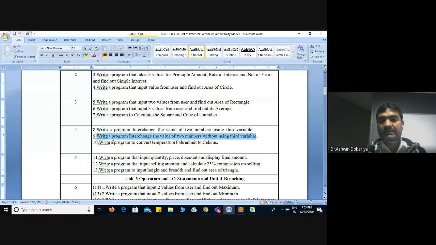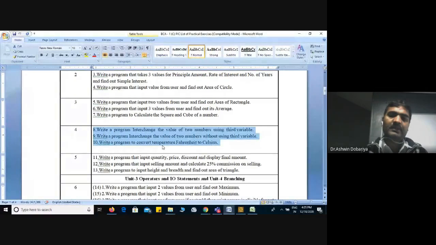And this is the conversion program: Celsius to Fahrenheit, Fahrenheit to Celsius. You can get this formula from Google. Just write down the formula of conversion from Fahrenheit to Celsius. In the next practicals, I will start from program 8. I am giving three programs in your homework, so all of you have to perform these 3 programs, not up to 10.